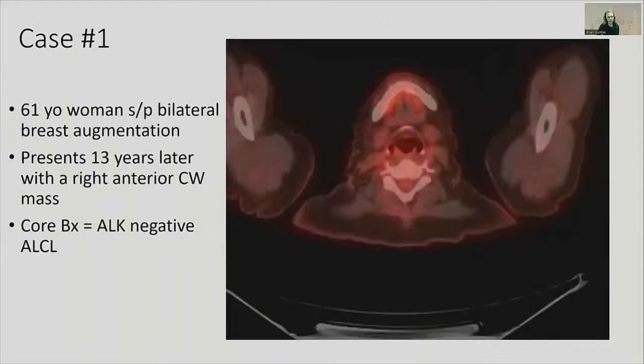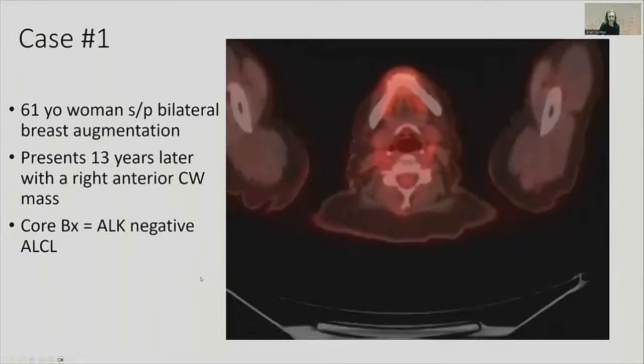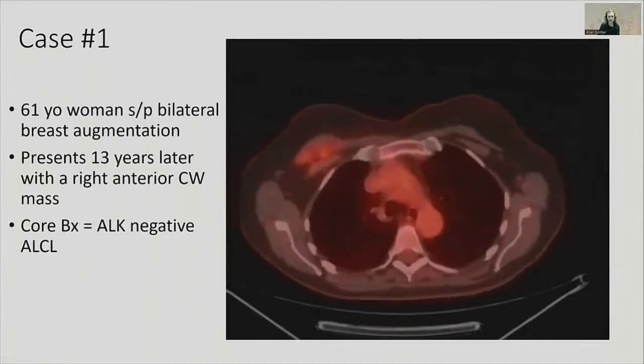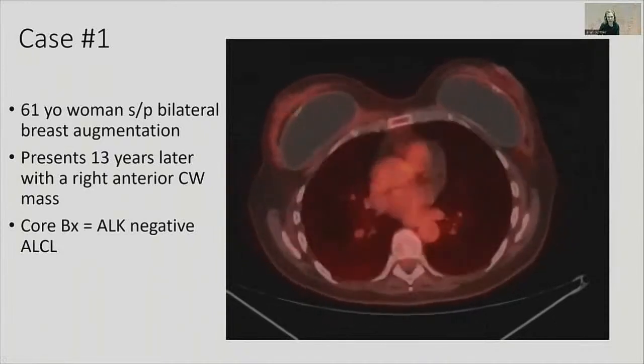This is a 61-year-old woman who is status post bilateral breast augmentation. She then presented 13 years later with a right anterior chest wall mass. Core biopsy was performed, and she was found to have ALK negative anaplastic large cell lymphoma. This is a PET scan, and we're scrolling from superior to inferior. You see the FDG avid disease involving the chest wall.